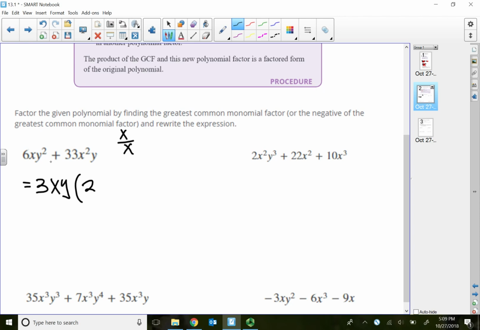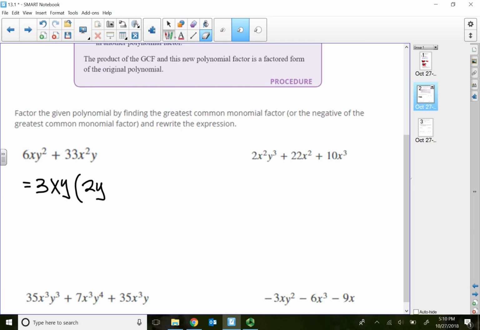Y goes into y squared, or we can say take 1y away from 2 of them. Then that means I should have 1 more y left for my quotient. Basically what I'm doing is y going into y squared, which is the quotient rule, where we subtract the exponents. So rather than say it like that, I would simply say take 1y to the outside, then there's only 1y left for my first term.